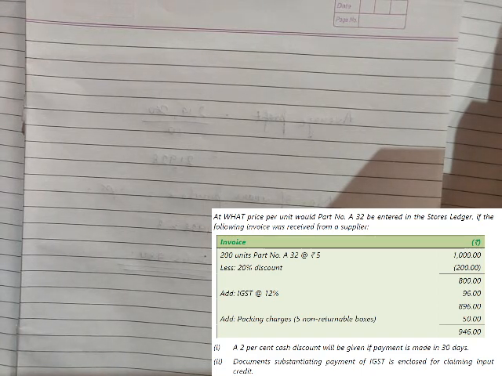A 2% cash discount will be given if payment is made in 30 days. Document substantiating payment of IGST is enclosed for claiming inputs. So in this we have adjustments of trade discount, GST, non-returnable packaging charges, cash discount. So let us look at the treatment of all these four components.